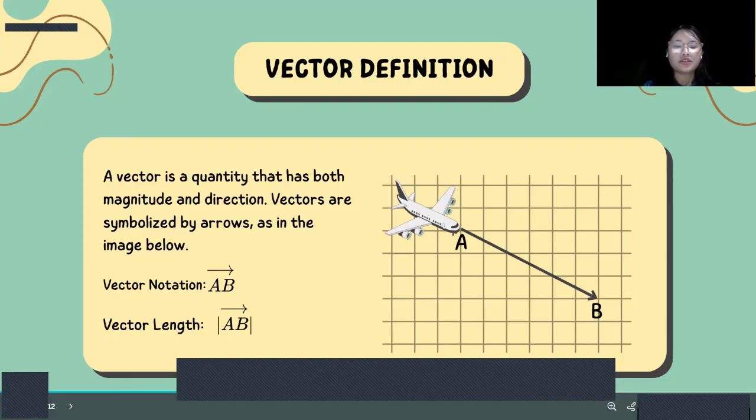Vectors are usually represented by arrow. The length of an arrow represents the magnitude and the arrowhead indicates the direction. In mathematics, vectors are commonly written using bold letters or letters with an arrow above them.